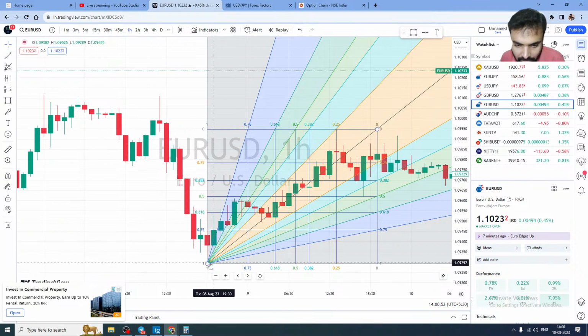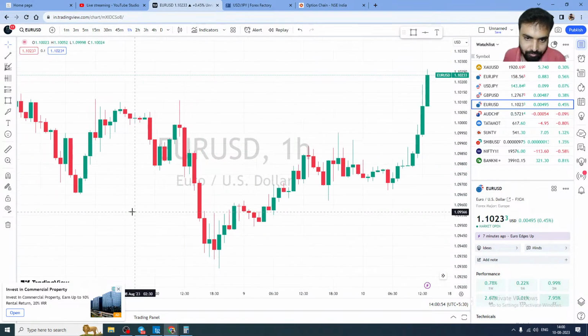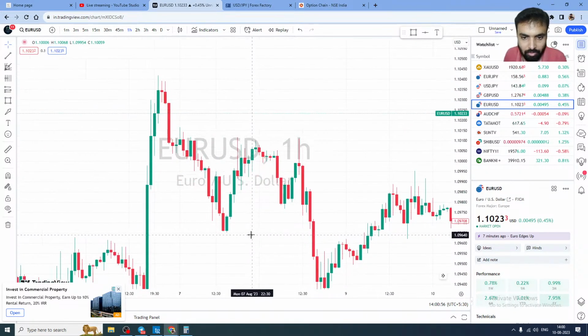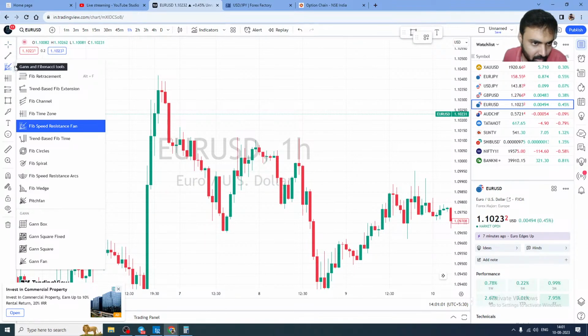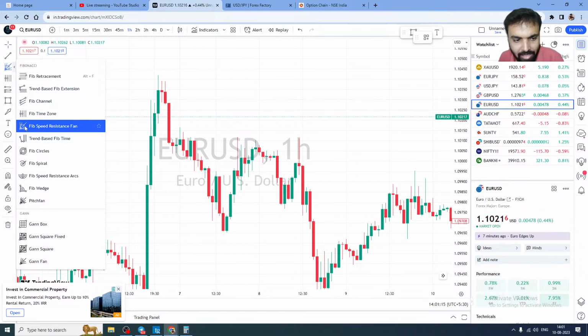Now let's see some previous example. Okay, let's take this one, Fibonacci. Let's take the pure Fibonacci fan. Do we have a pure Fibonacci fan? Fibonacci circles, Fibonacci arc, trend based time Fibonacci. We don't have a pure Fibonacci fan. This includes, I think, Gann also.